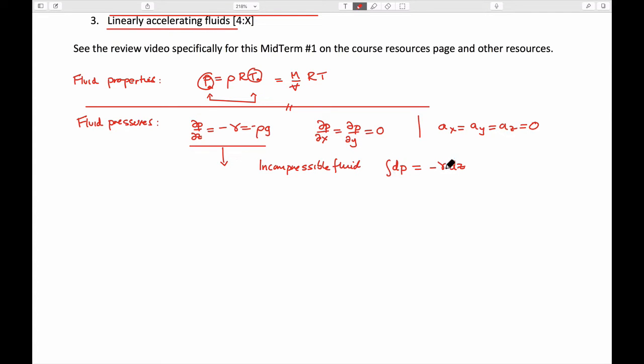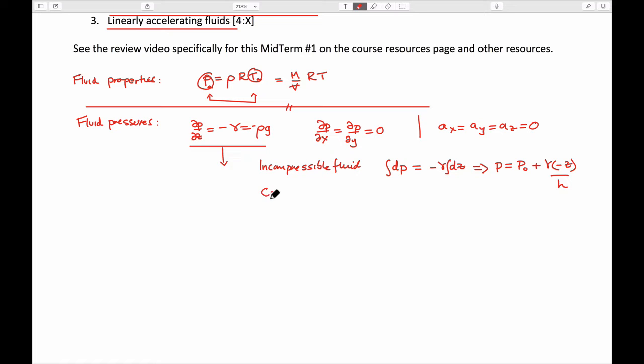If we integrate both sides and substitute a constant, then we end up with pressure is equal to some reference pressure plus a unit weight and a change in elevation going up and down, which we usually call H. H is positive if it is going down when pressure increases, and it's negative if you go up, as we use in manometry, and this is the case for incompressible fluid.